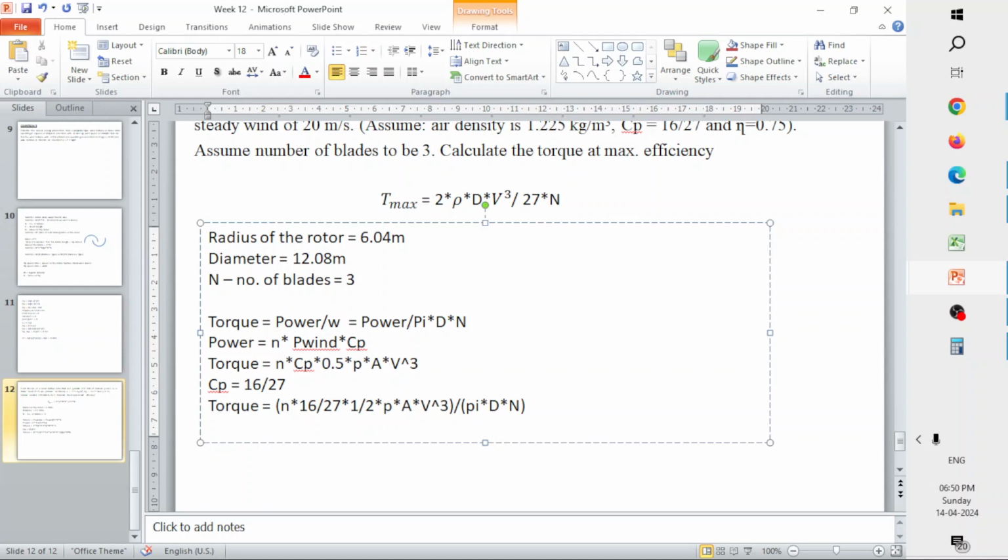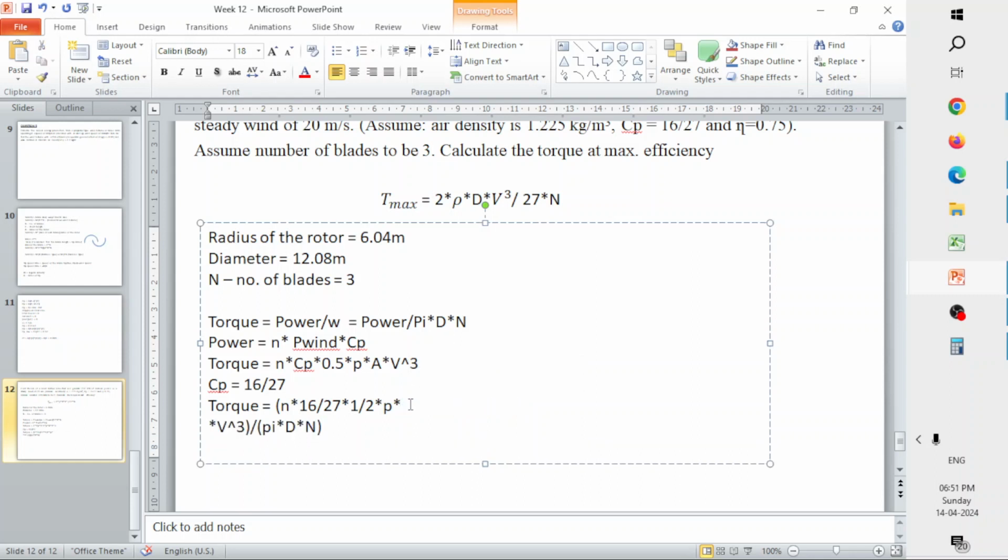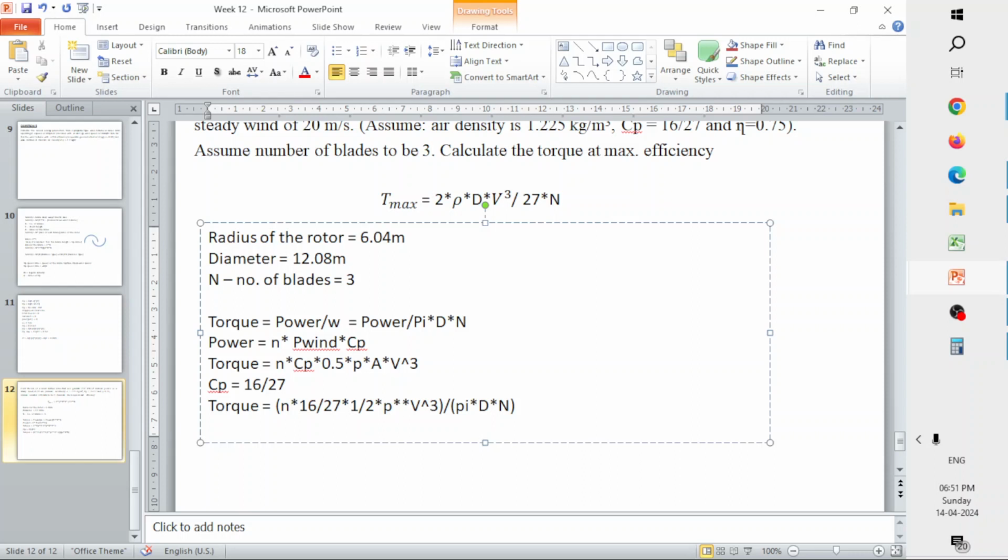Here d is the diameter of your rotor. So you are supposed to express A in terms of d. Area is pi r square, which can also be expressed as pi d square by 4. So pi will get cancelled, the d and d square will get cancelled, leaving a d in the numerator, and the 8 will cancel with the 16 and it will be 2.